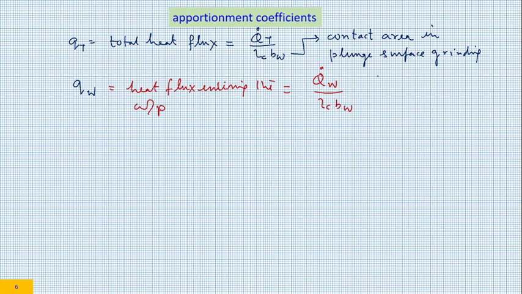What is the unit of this one? Please try to recall. This is FT into VS. So this is in watt. So this heat flux is nothing but watt per meter square or watt per millimeter square, in whichever unit you would like to express that.